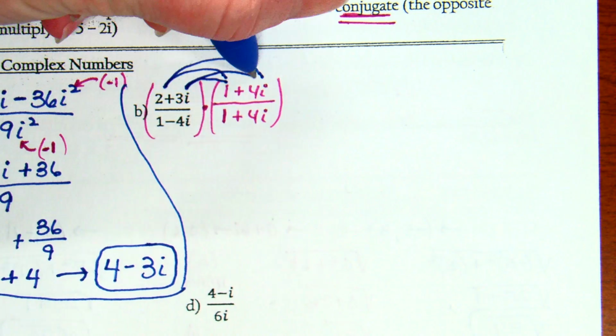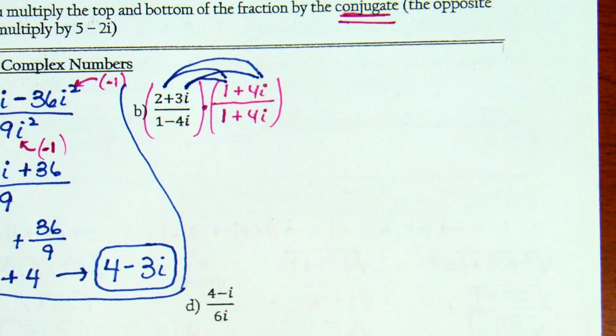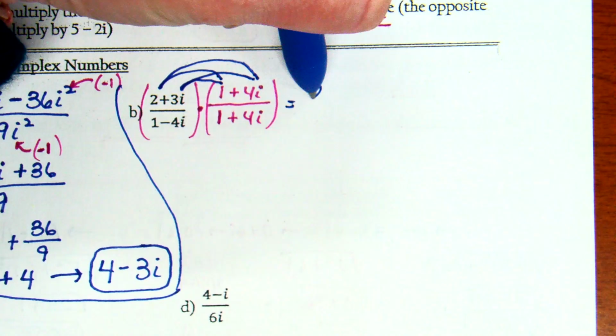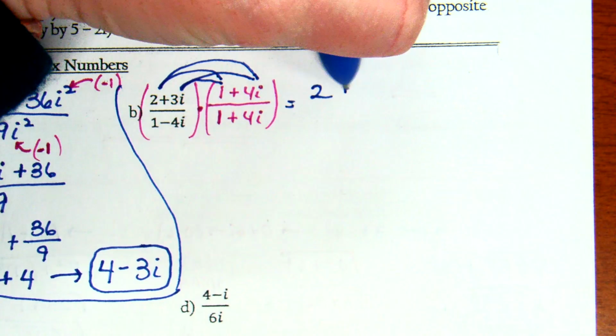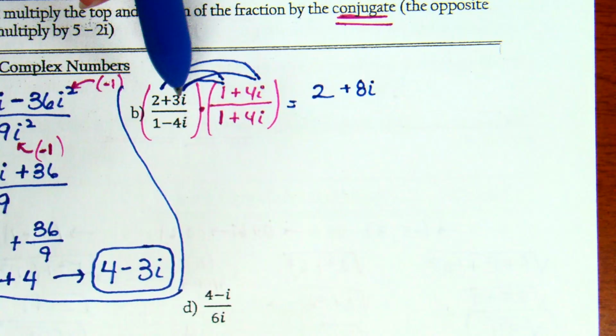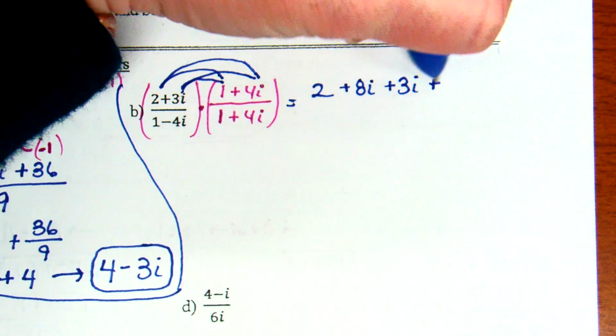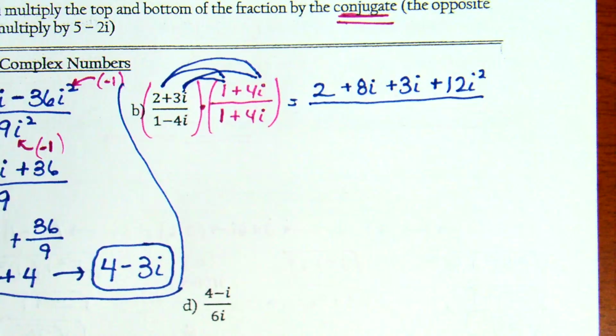Or another way of saying it, we are foiling. 2 times 1 is 2. 2 times 4i is 8i. That's outsides, insides. 3i times 1, 3i. 3i times 4i, 12i squared. Okay? Repeat the process on the denominator.